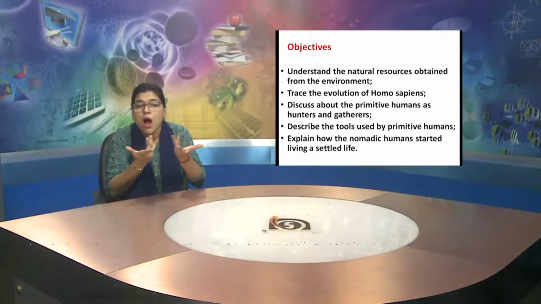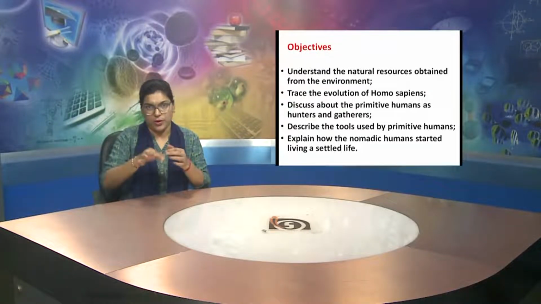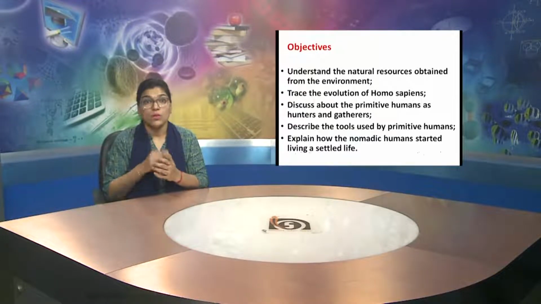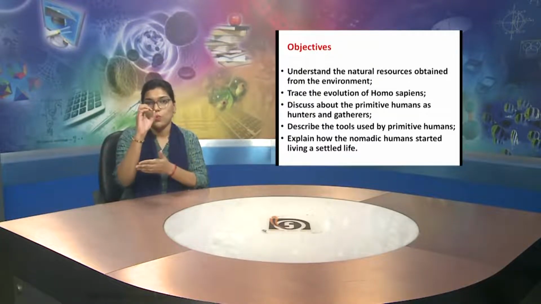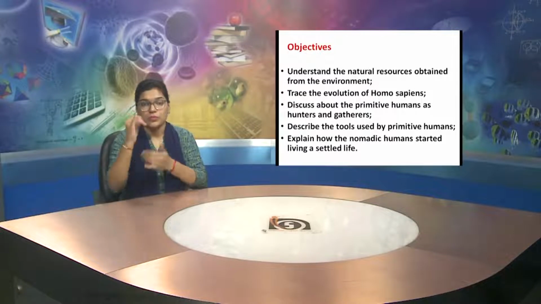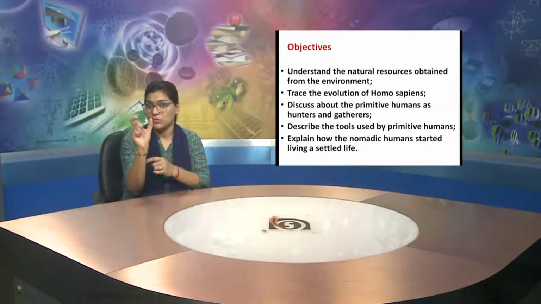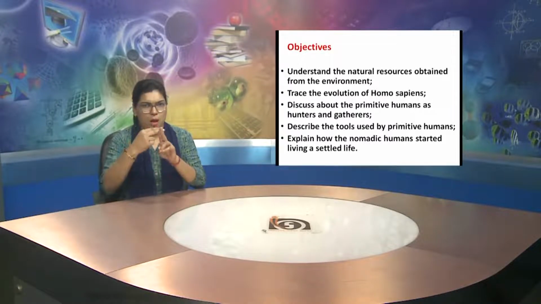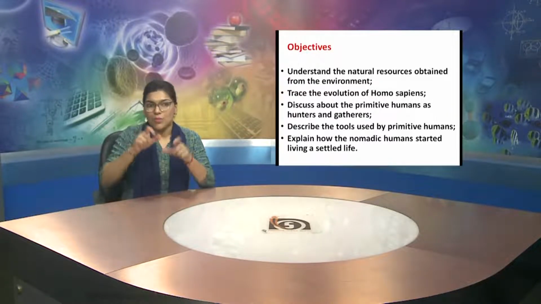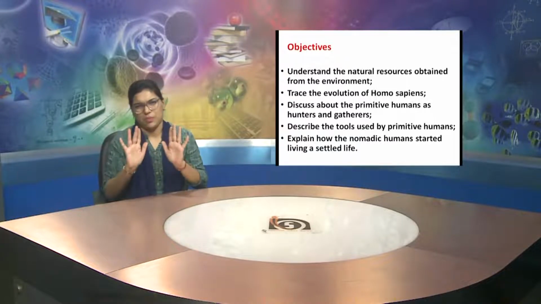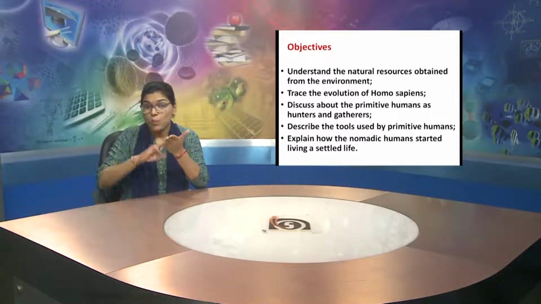I will explain all those resources and you will be able to understand. The second objective is we will be able to understand this word Homo sapiens. This is the scientific name of the human being.